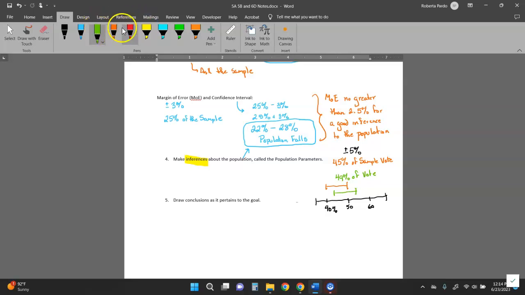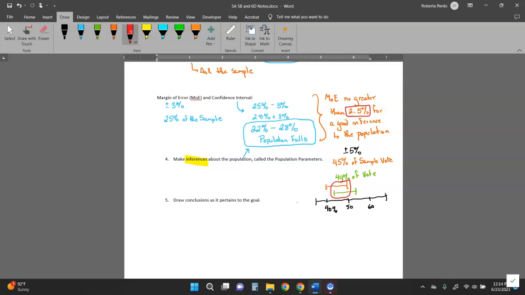And as you can see here, there's a lot of overlap. So we can't really determine whether one candidate would win over the other because of so much overlap. The smaller this margin of error, the better we know where our population is actually going to fall. Therefore, we can make better conclusions based on that. That's why we're really looking for no more than 2.5% in terms of a good margin of error.